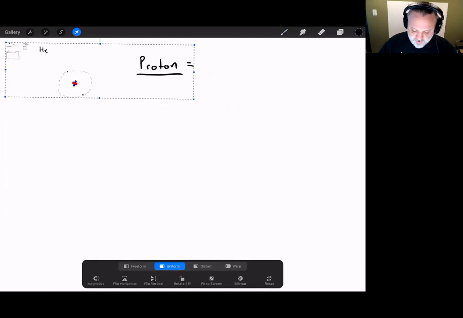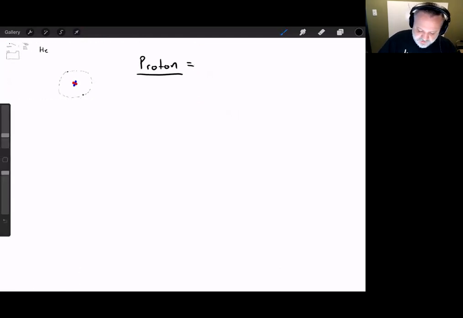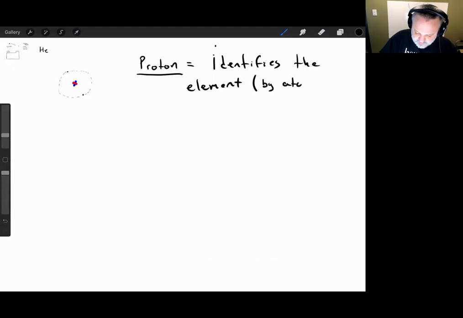So the proton is a subatomic particle that identifies the element. And it identifies the element by atomic number.